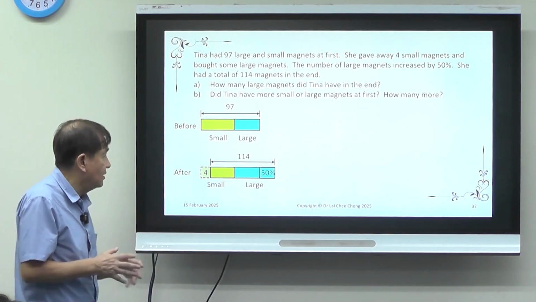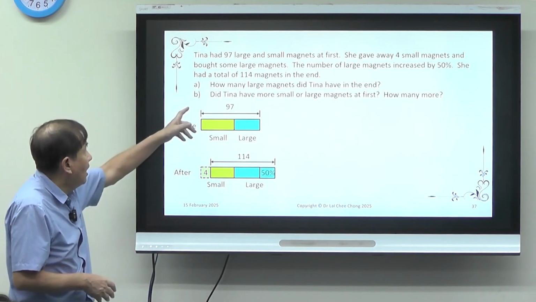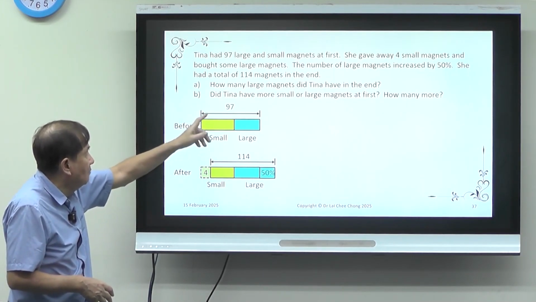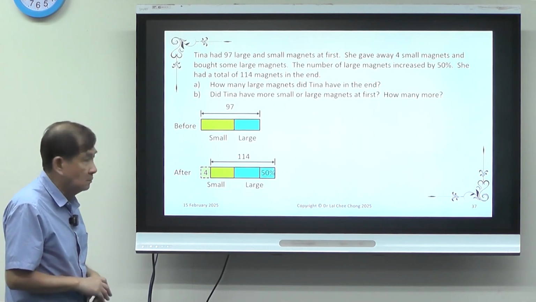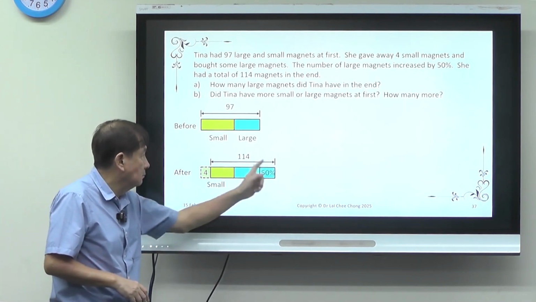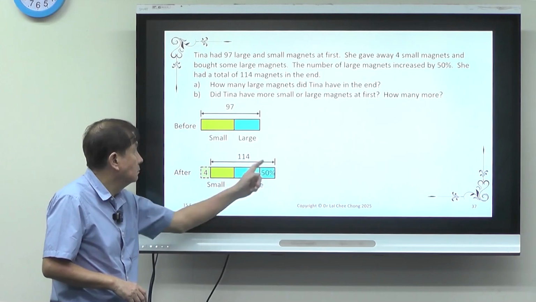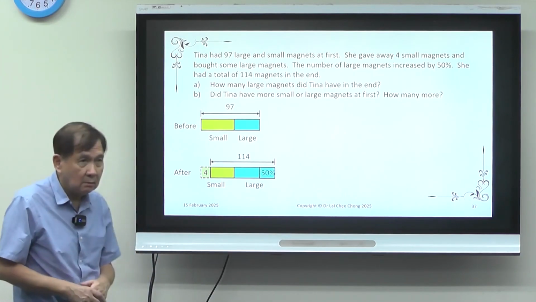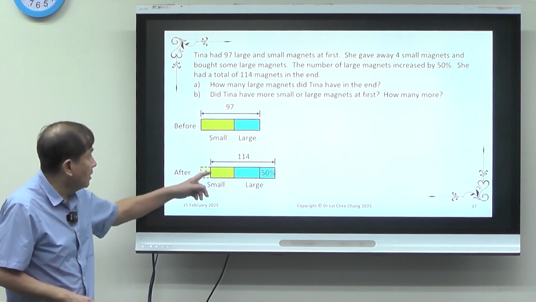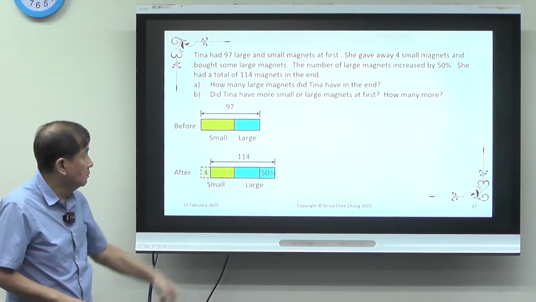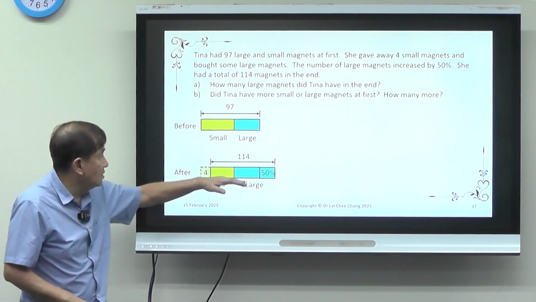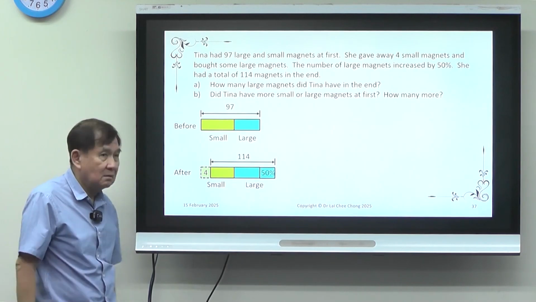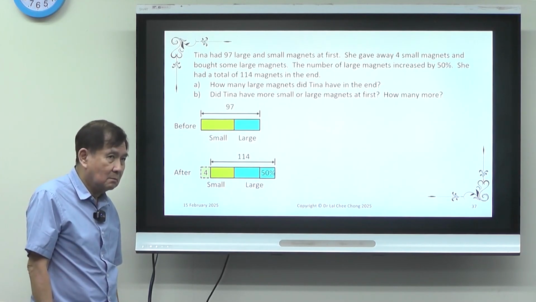Now, once I have done that, then how many large magnets does Tina have? Now, that means you got so many, right? How many? Is that quite easy already? You look at these two. If I take this minus this, what is going to happen?